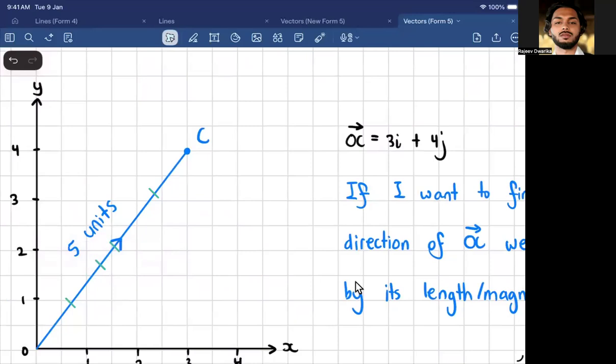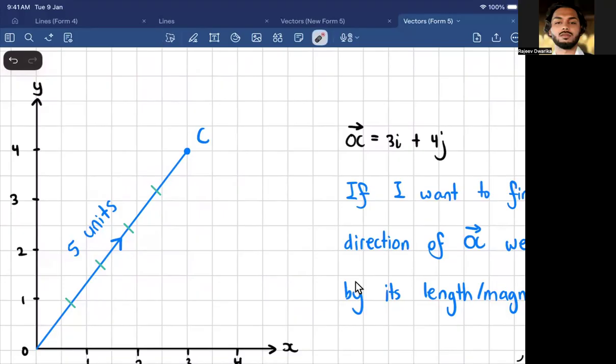And do you understand that magnitude is just how long the vector is? Yes. And I want to get a unit vector from this, right? So a unit vector should have a magnitude of what? 1. So if I take this O to C and divide it by 5, the vector that I get, it would just be what?